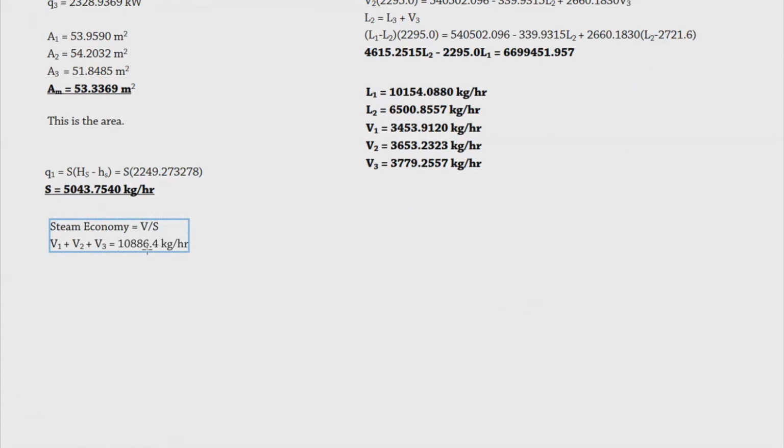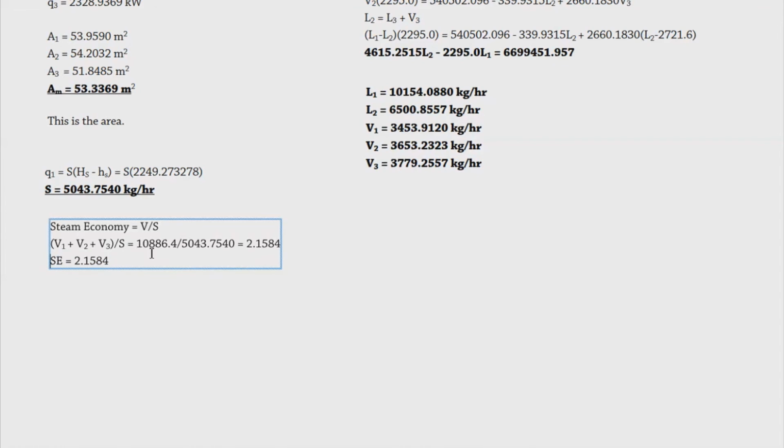If we divide this by S, we have V over S, which is equal to 2.1584. So our steam economy is equal to 2.1584.